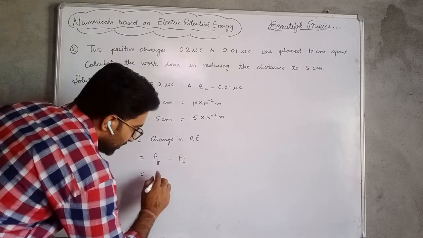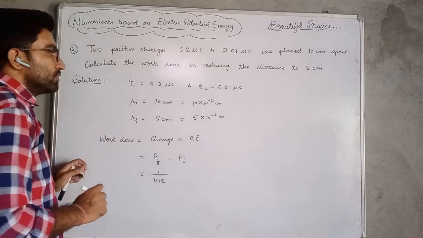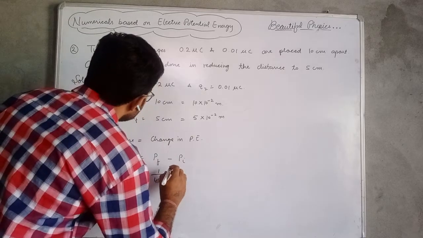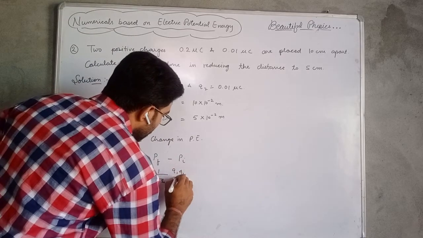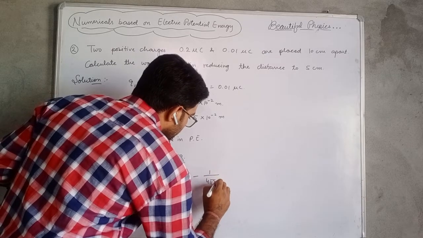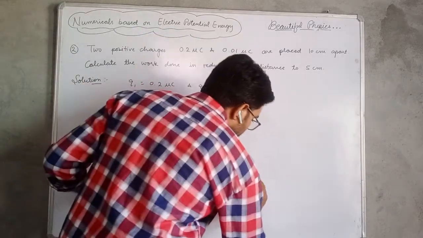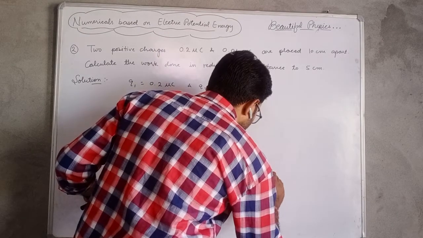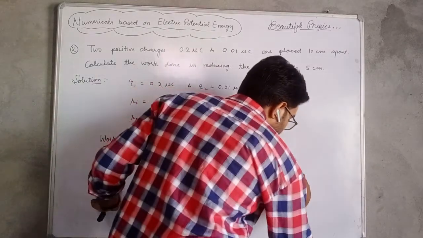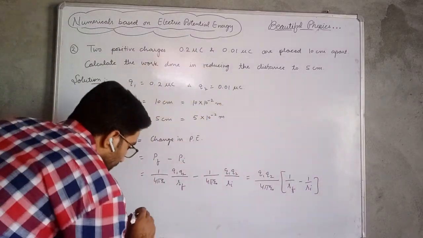The final potential energy will be 1 by 4 pi epsilon naught Q1 Q2 divided by RF, minus 1 by 4 pi epsilon naught Q1 Q2 divided by Ri. So from there we can take Q1 Q2 upon 4 pi epsilon naught as common, and we remain with 1 by Rf minus 1 by Ri inside. Let's put the values one by one.